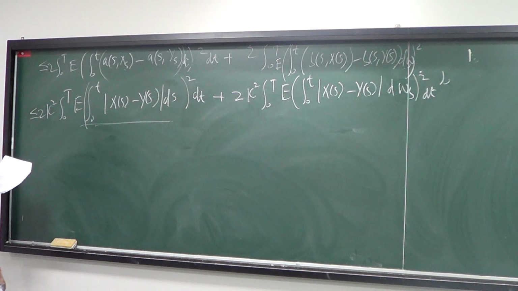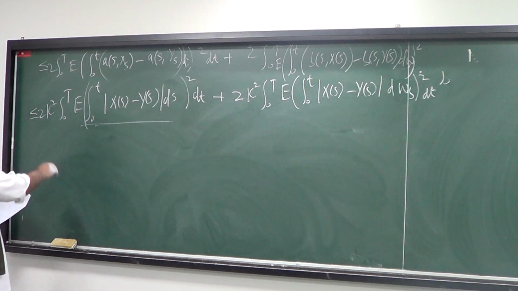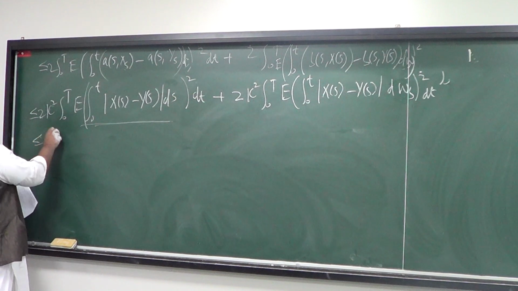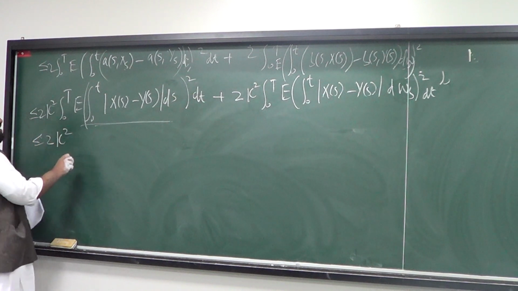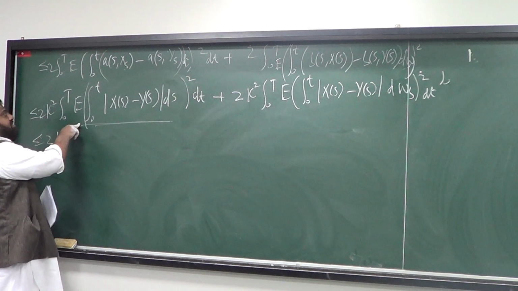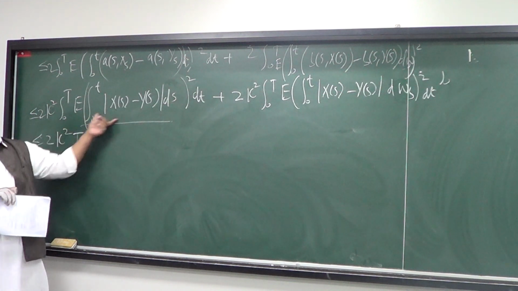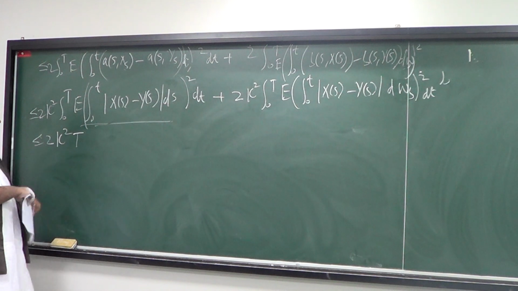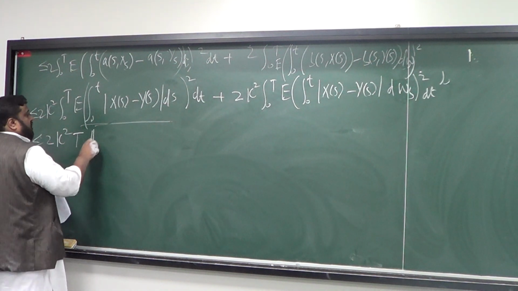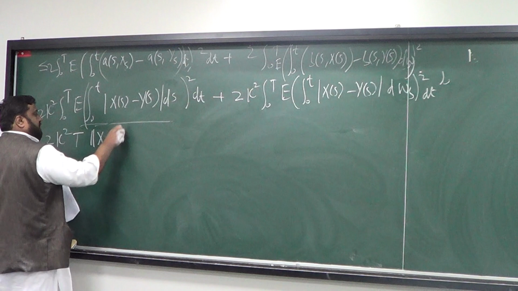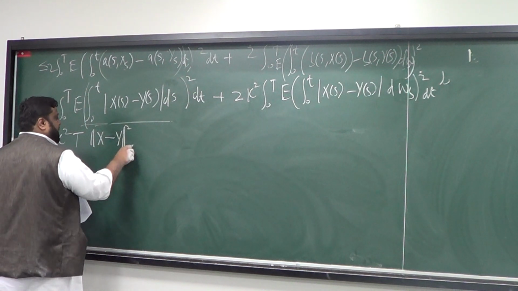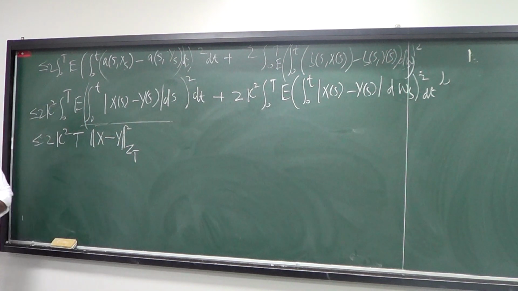Okay, so I can say that this is going to be 2k square, integral 0 to capital T and dt, because this is going to be a number, times the norm of X minus Y square in Z_T. X minus Y square in Z_T, if I wish.